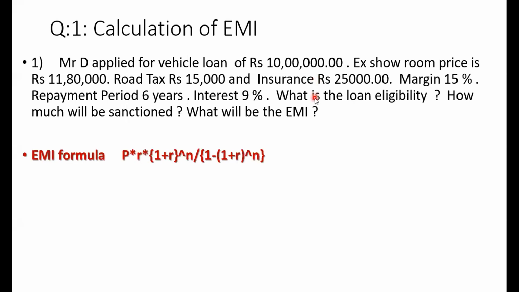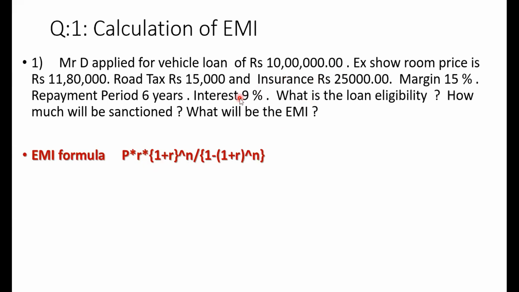So now step number 1, again the EMI formula. This is the formula, easily you can remember. Principal amount into R into (1 plus R) to the power n, but here the rate of interest you have to convert to a month, because EMI is always equated monthly installment.